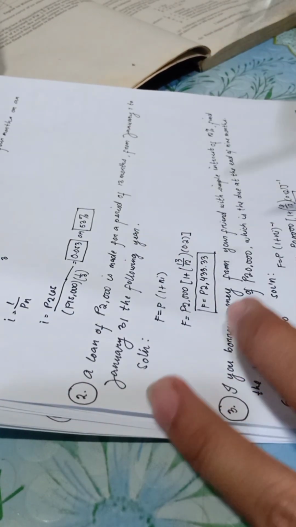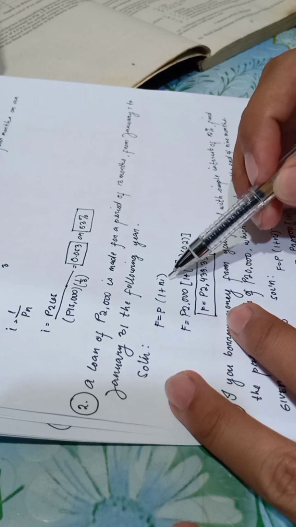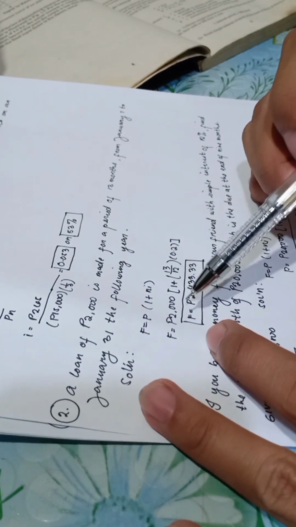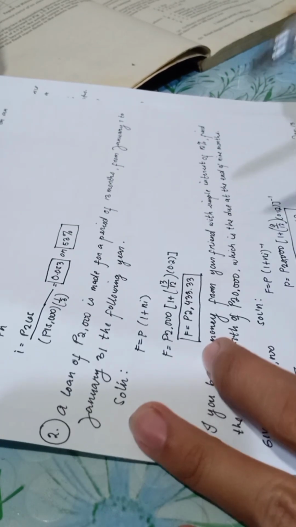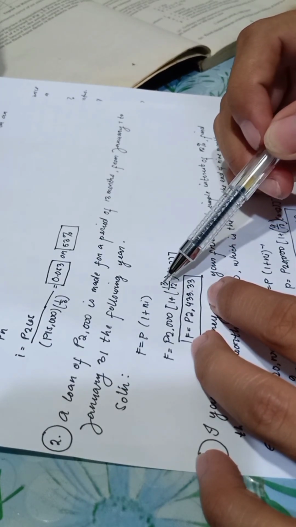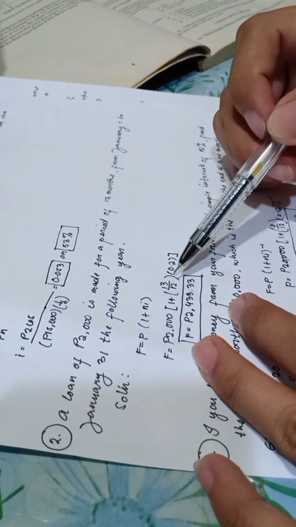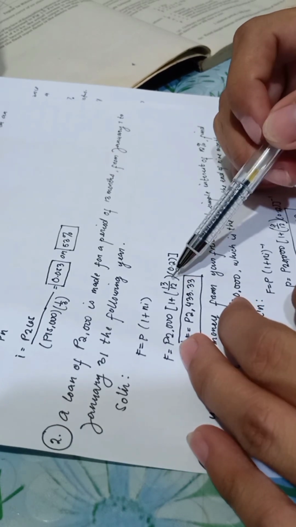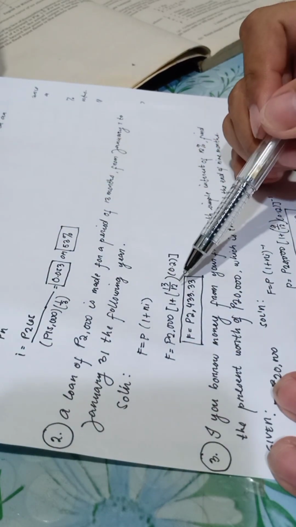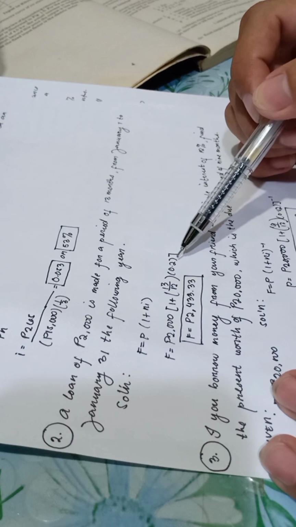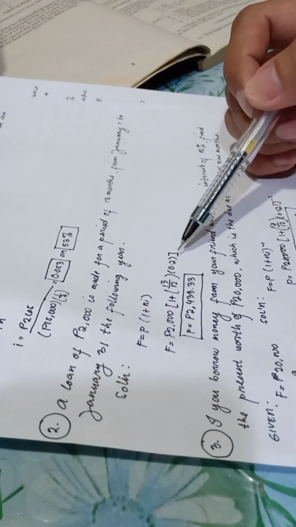So we have to use this formula here. F is equal to 2,000 pesos, quantity of 1 plus the quantity of 13 over 12. 13 is the duration of the period in months, over 12 which is equivalent to 1 year, times 0.2 or the equivalent of 20%.